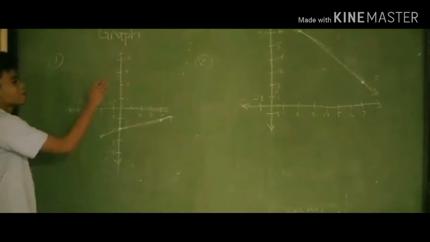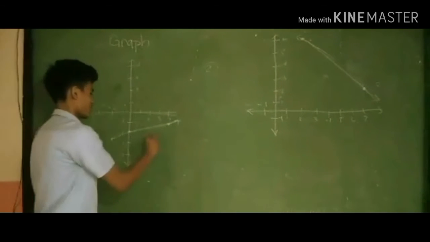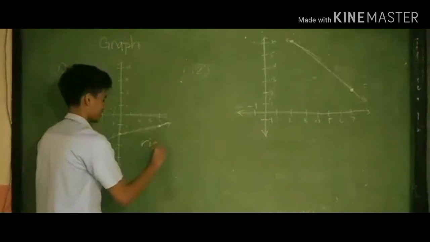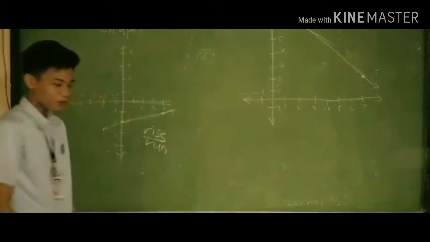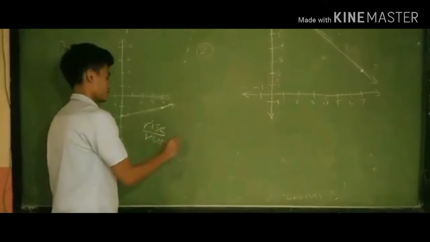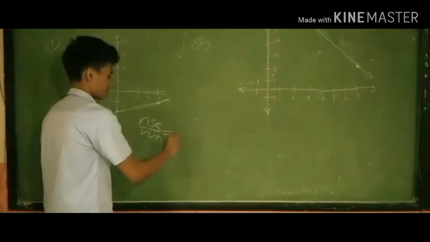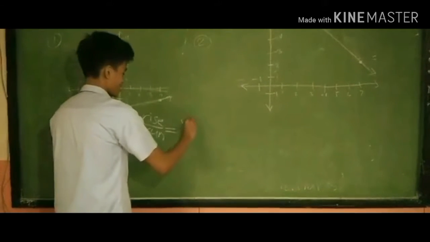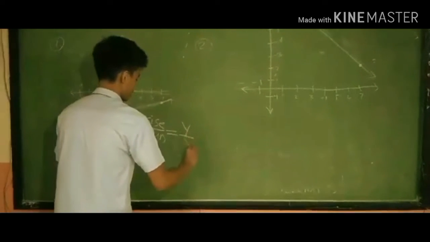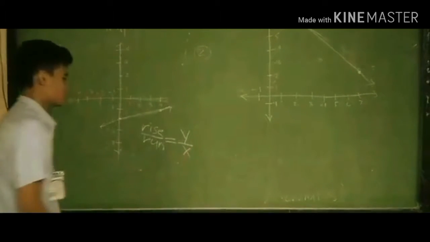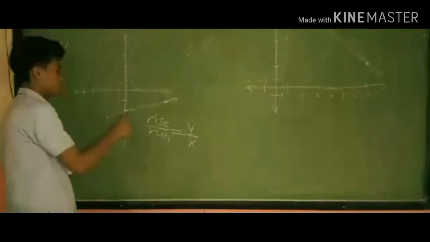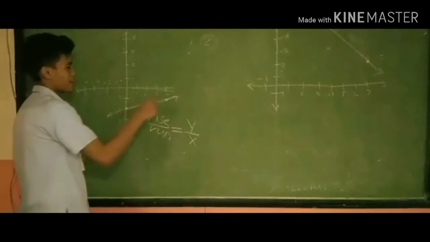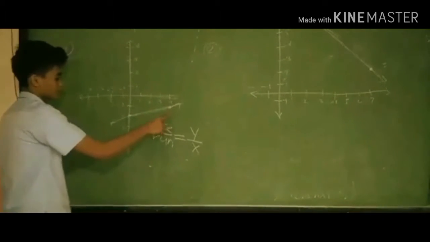Now we have the graph. In order to determine the slope, we use rise over run. So here we have the y-axis of negative 2 and the x-axis of 4.